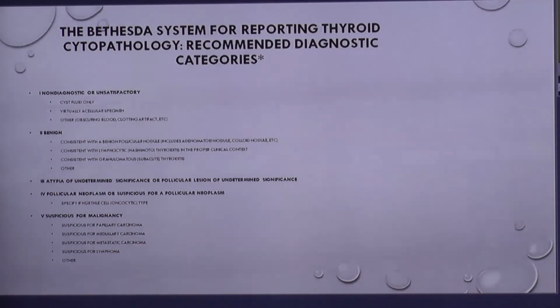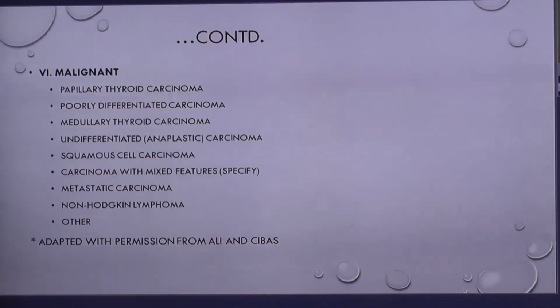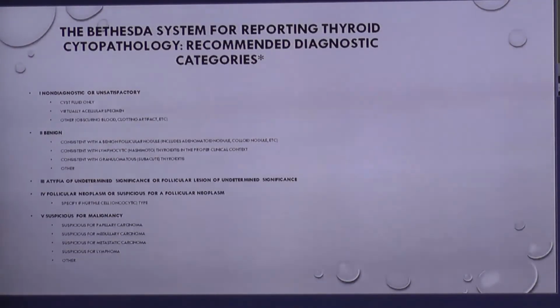Let us have a look at the Bethesda system for reporting of thyroid cytology, recommended diagnostic categories. See, categories 1, 2, 3, 4, 5 and 6 are there. Category 1 is non-diagnostic or unsatisfactory. There, the finding is also given.